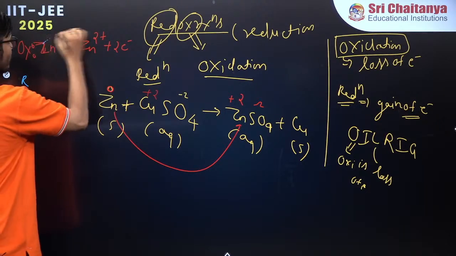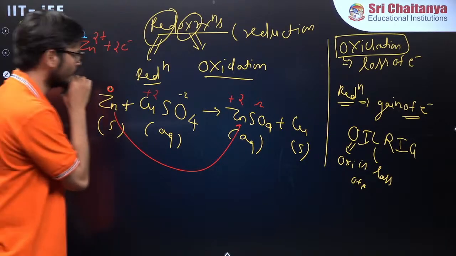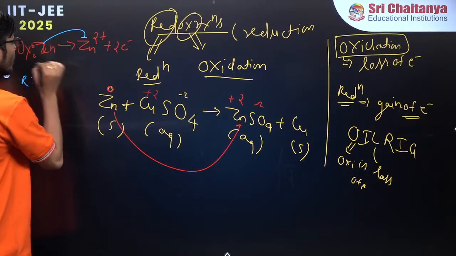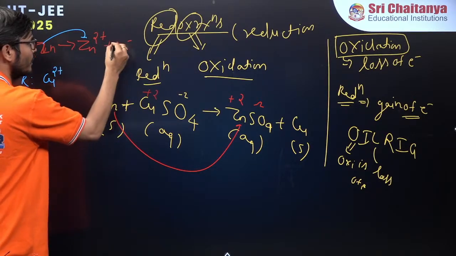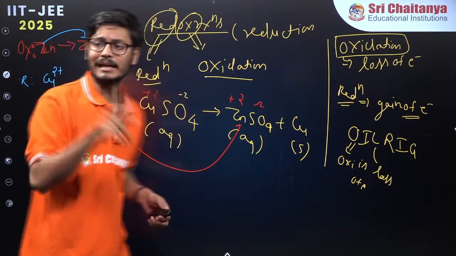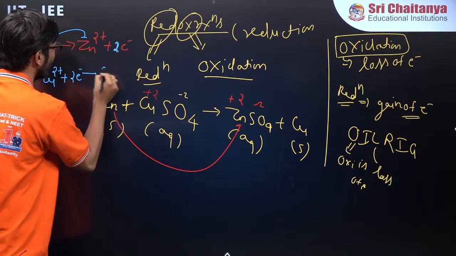Oxidation means loss of electron. You see, zinc has lost 2 electrons. Now what is reduction? Copper contains 2+ charge. Because the zinc has lost 2 electrons, where will these 2 electrons go? That electron will be accepted by Cu2+ and this will be converted to copper.